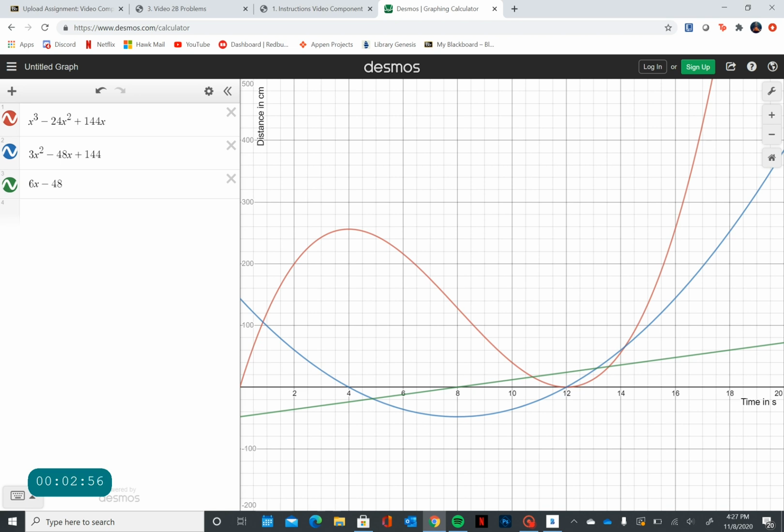So by looking at this graph, we can figure out if the particle is speeding up or slowing down based on the acceleration. If the acceleration is negative, that means that the particle is slowing down. If the acceleration is positive, that means that it's speeding up. So we can see from 0 to 8 seconds, the green graph or the acceleration graph is in the negative. So that means that the bead is slowing down from 0 to 8 seconds and speeding up from 8 onwards, so 8 to infinity, or in this case 17.